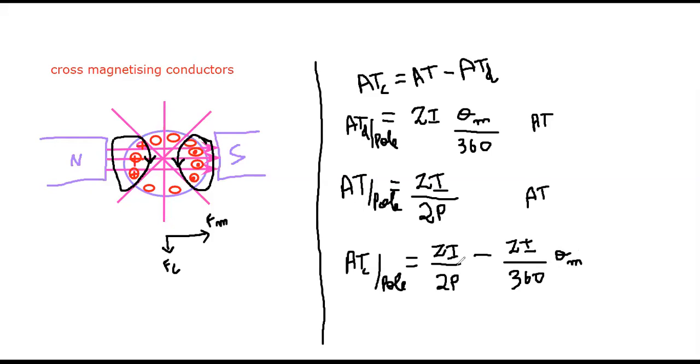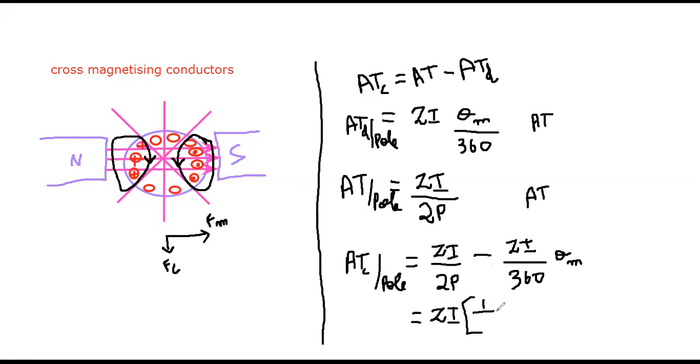Suppose we take a common parameter outside. What is the common parameter here? Here it is Zi, that is conductor into ampere. So I take this common parameter outside and open a bracket here.